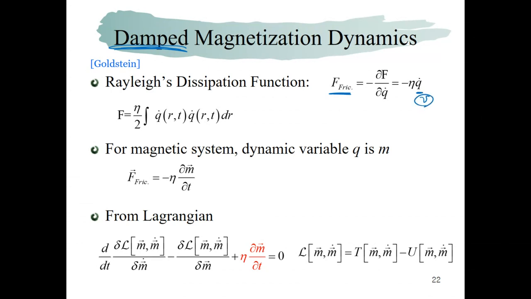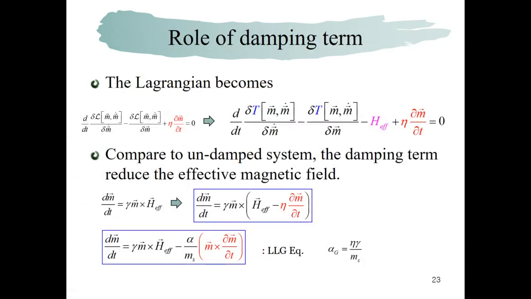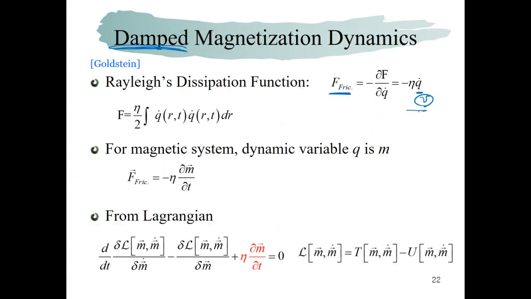That's why I explained there are many systems with a friction force proportional to the velocity. If we just gave this equation, you may have a problem understanding, but now I have introduced many similar examples, so you may observe this linear dependence of the friction force on the velocity. Let's say the proportional constant is called eta.